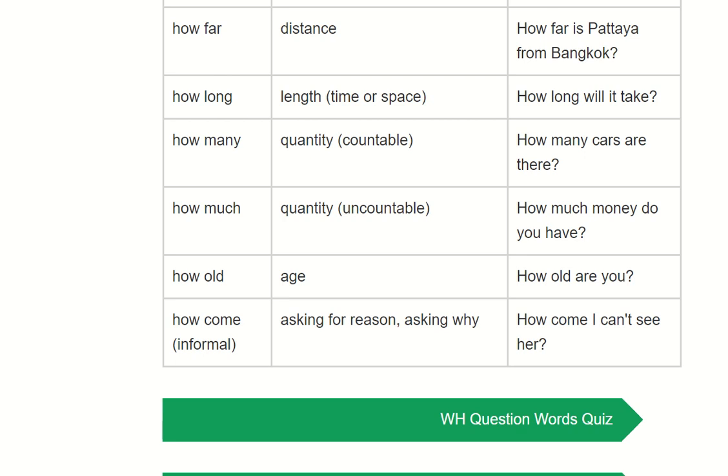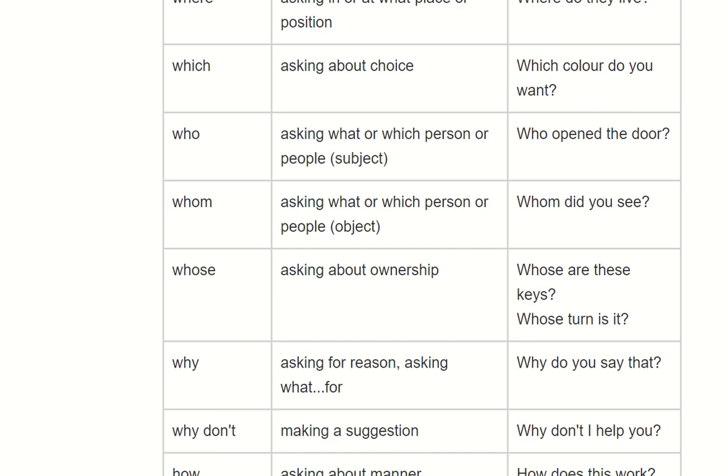Asking how come, asking for a reason, or asking why you do that, or somebody did that. For example, how come I couldn't see you? How come you did not come to class yesterday? So we use how come. If you want to make it official, it's going to be why.